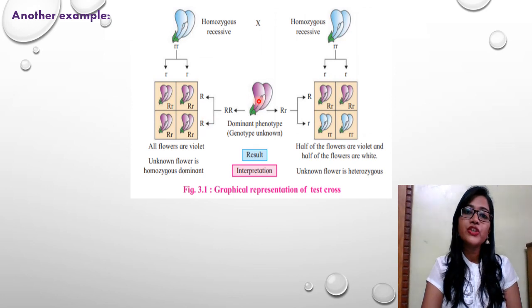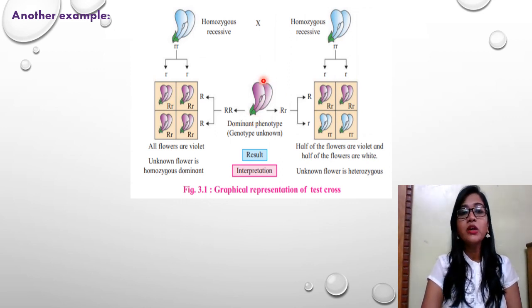So if the genotype of that flower is unknown, and if we want to verify the genotype of the violet color flower which is phenotypically violet, but we don't know whether it is homozygous dominant or heterozygous dominant, what we will do is test cross it with the homozygous recessive type of trait.